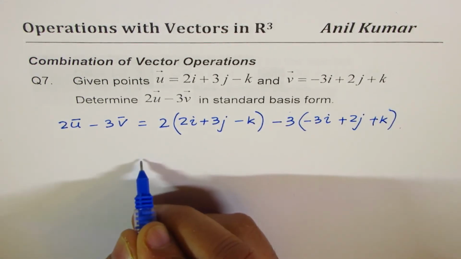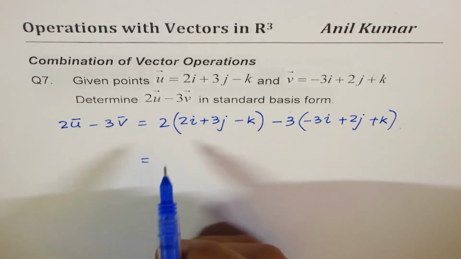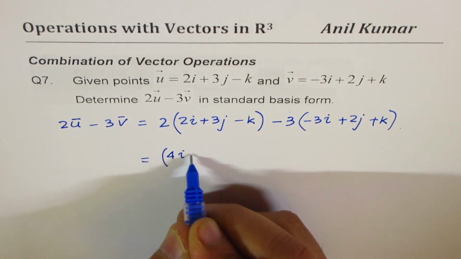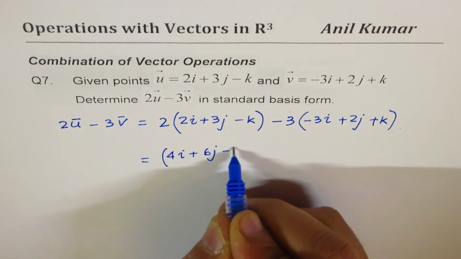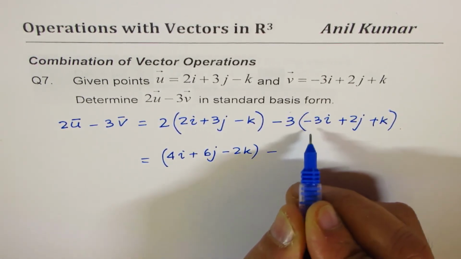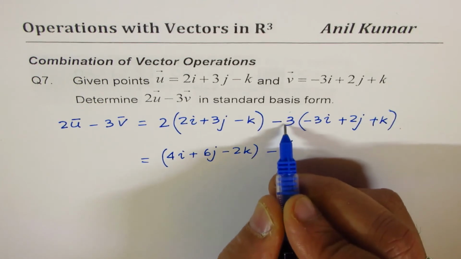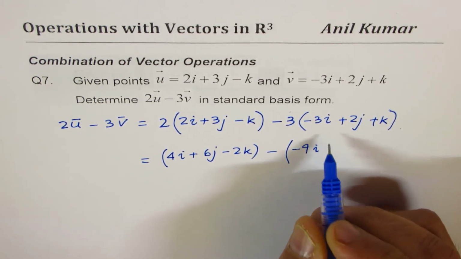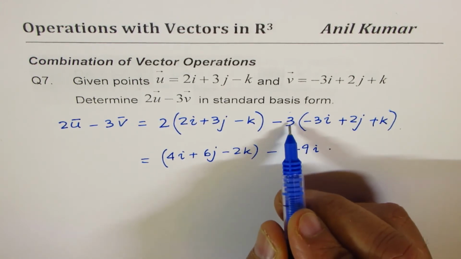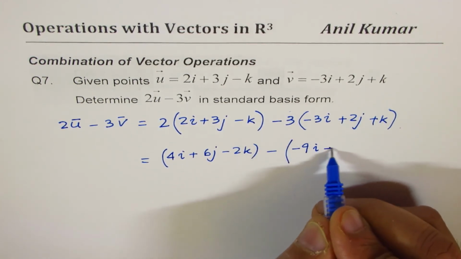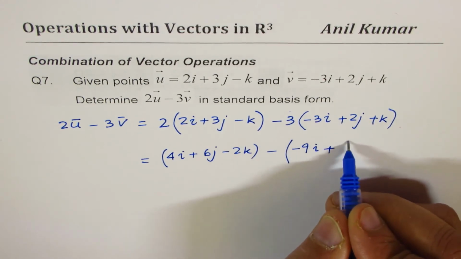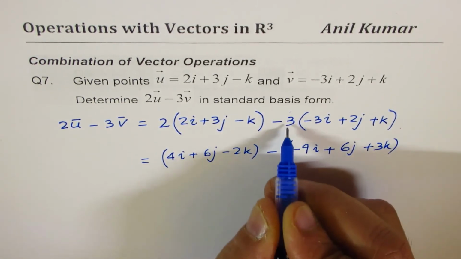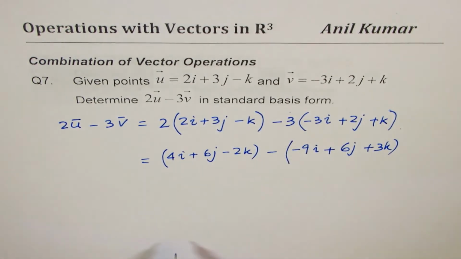That's what it means. So whenever you do the vector operations, let's multiply this first, and then we'll write 4i plus 6j minus 2k. Here minus 3 times this is minus 9i, and we're keeping negative outside. We're just multiplying by 3 inside. So we're doing plus 2 times 3 is 6j and plus 3k. So we just multiplied by 3, kept minus outside.